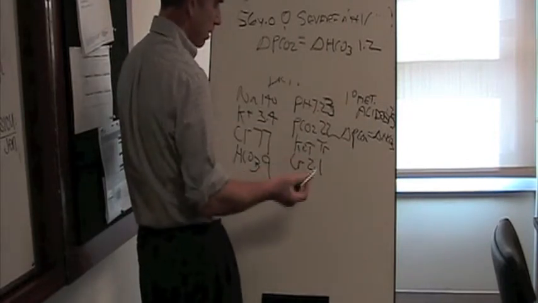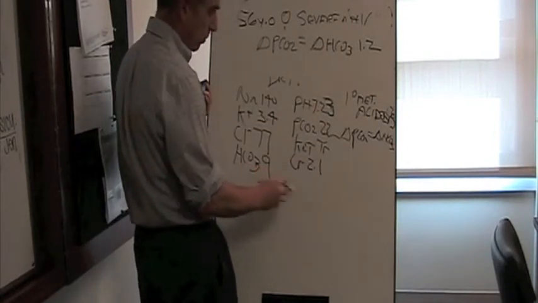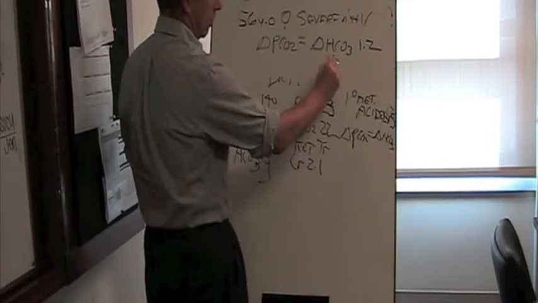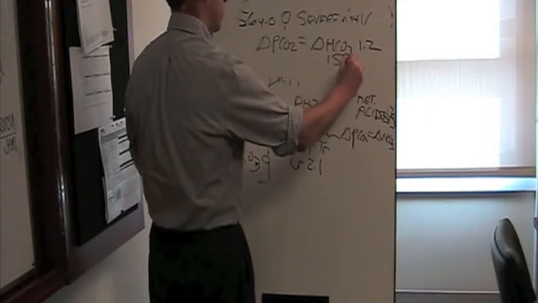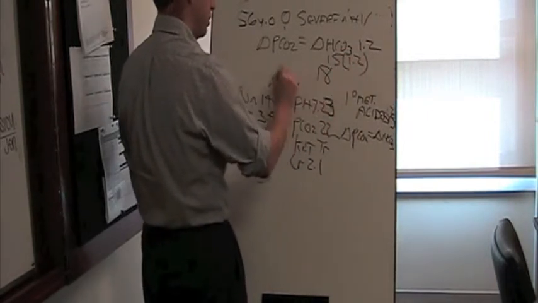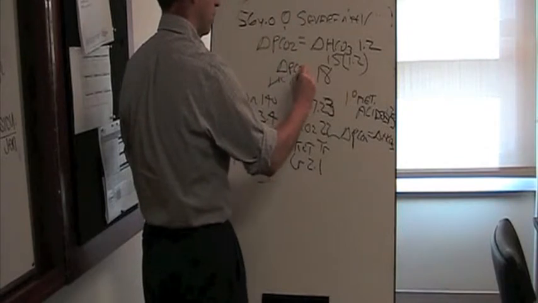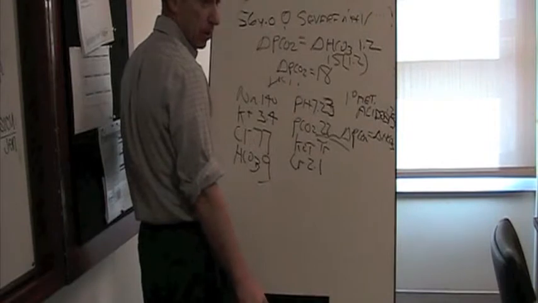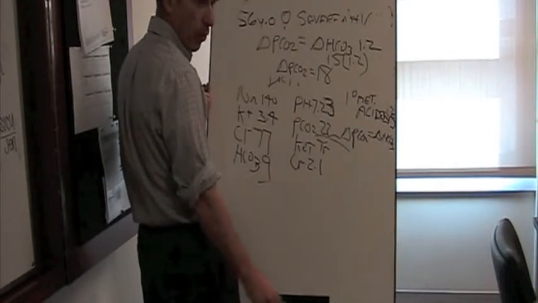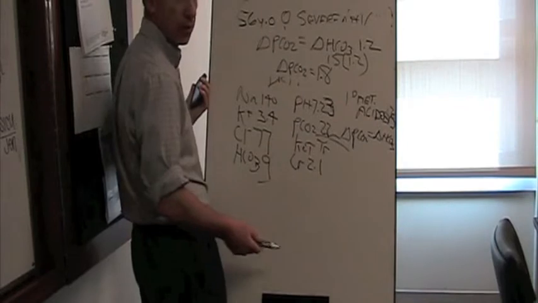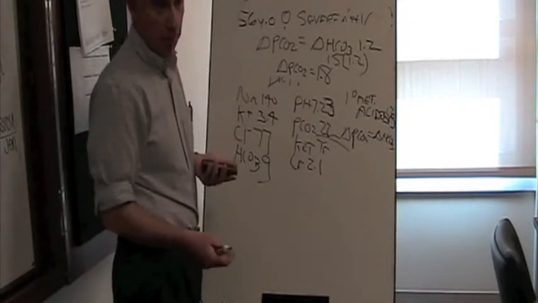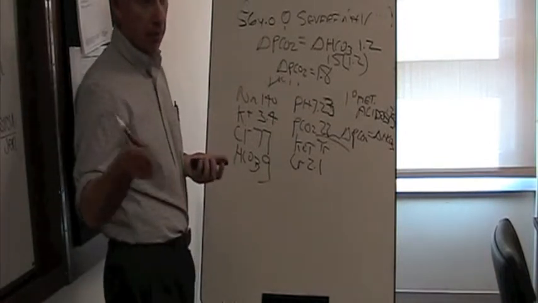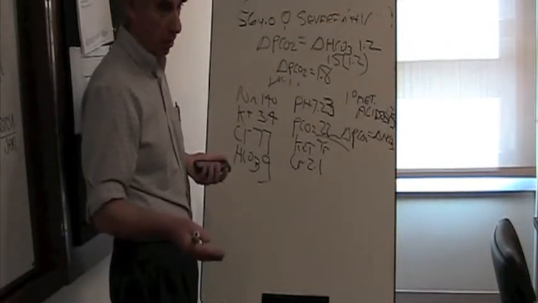And what's the change in bicarb from normal? 15, right? Times 1.2, so that's 18. And that's exactly right: 40 minus 18 is 22. So you have an appropriately compensated primary metabolic acidosis, with appropriate respiratory compensation, okay?